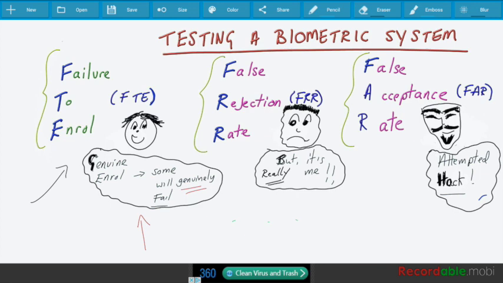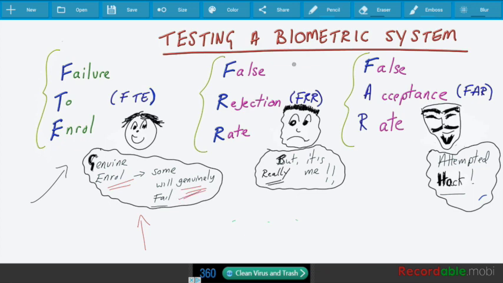The failure to enroll is very different than the other two, in that it's kind of just done once, and that's how your data actually gets on the system in the first place. It's genuinely an enrollment, and some will genuinely fail.